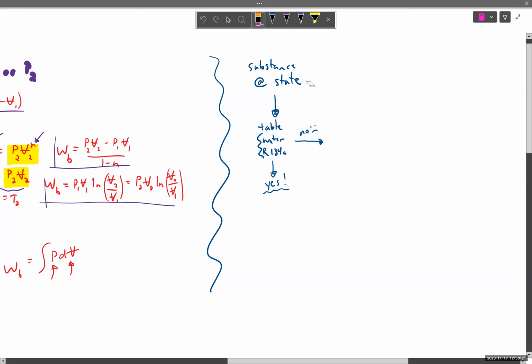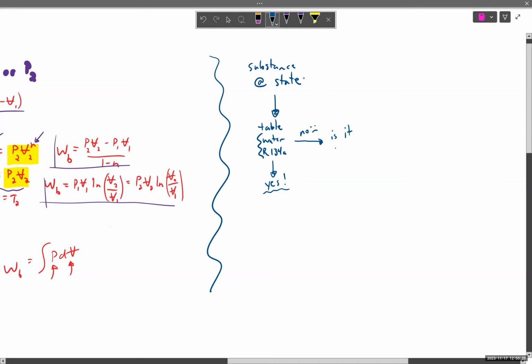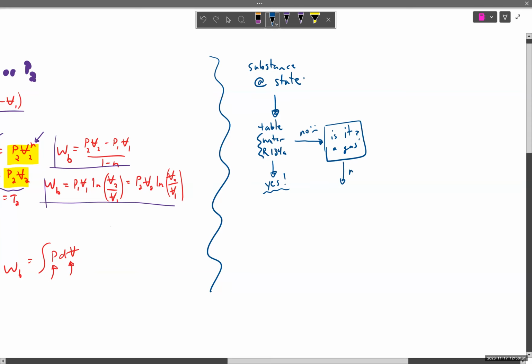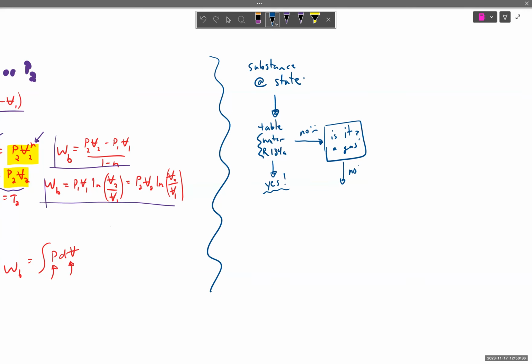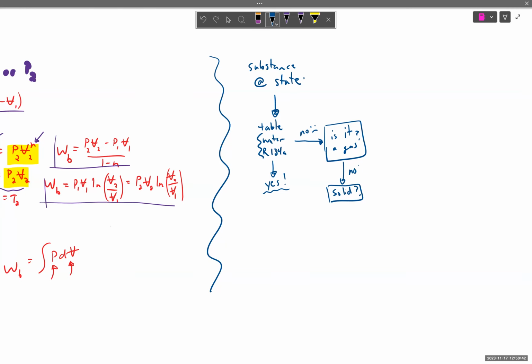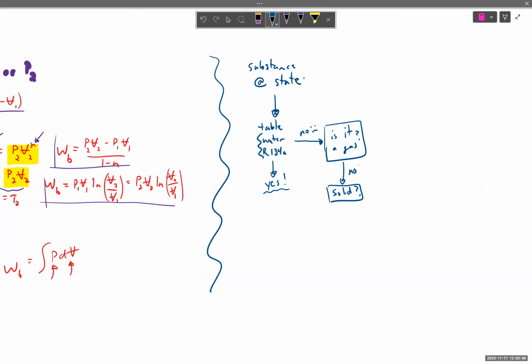But before we get to there, we should say, is it a gas? If no, we'll say, is it a solid? And then we start thinking about, is it a fluid?